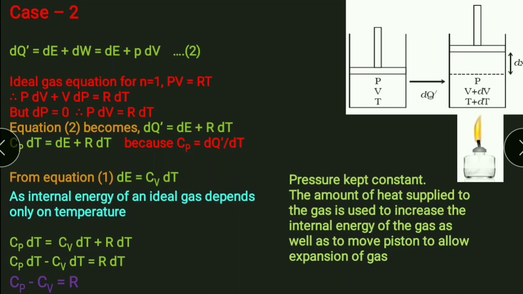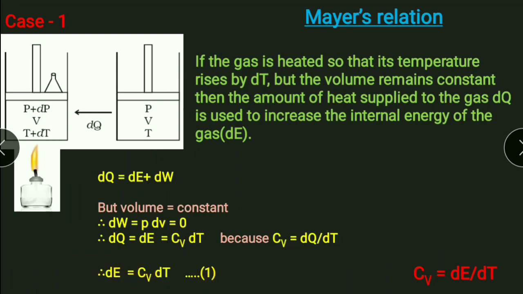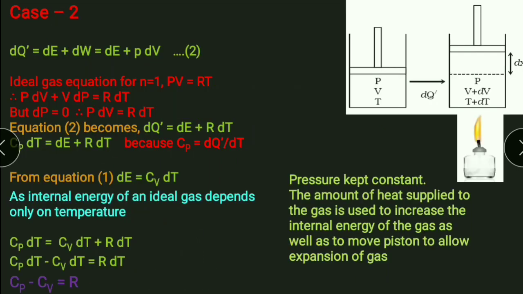From equation number 1, dE equals Cv dT. We know that the internal energy of an ideal gas depends only on the temperature.